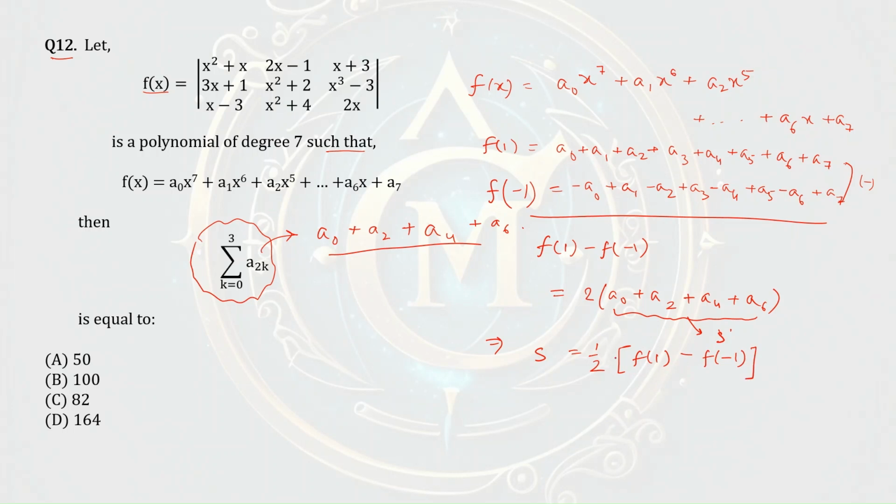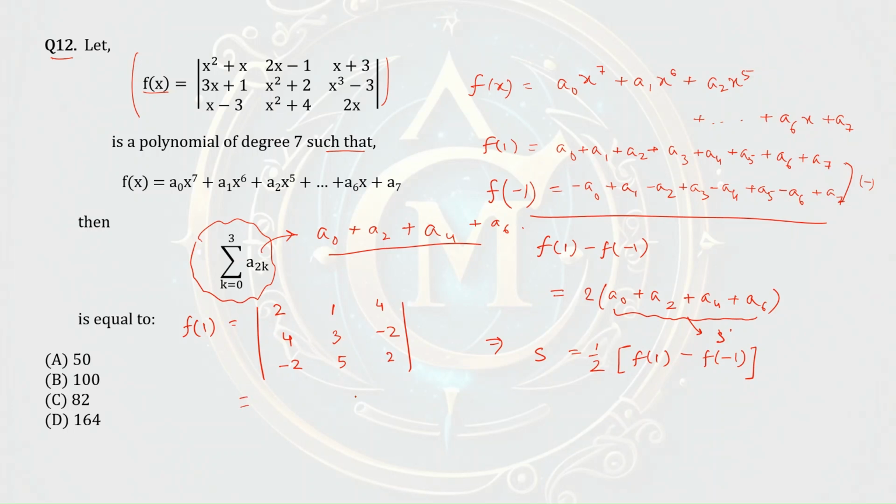Now f of 1 we can calculate easily from this definition of f of x. So f of 1 will be simply putting x equal to 1 in this determinant. It becomes 2, 1, 4, 4, 3, minus 2, minus 2, 5, 2.